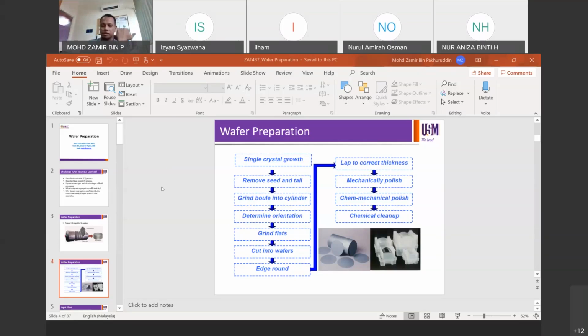How much does it cost? Okay, good question. Try to guess the price of this pack. If you talk about 2-inch, 1 to 10 ohm cm, 275 micron, 25 pieces in one pack, try to guess in the chat box, how much? 25 pieces in one pack, how much?